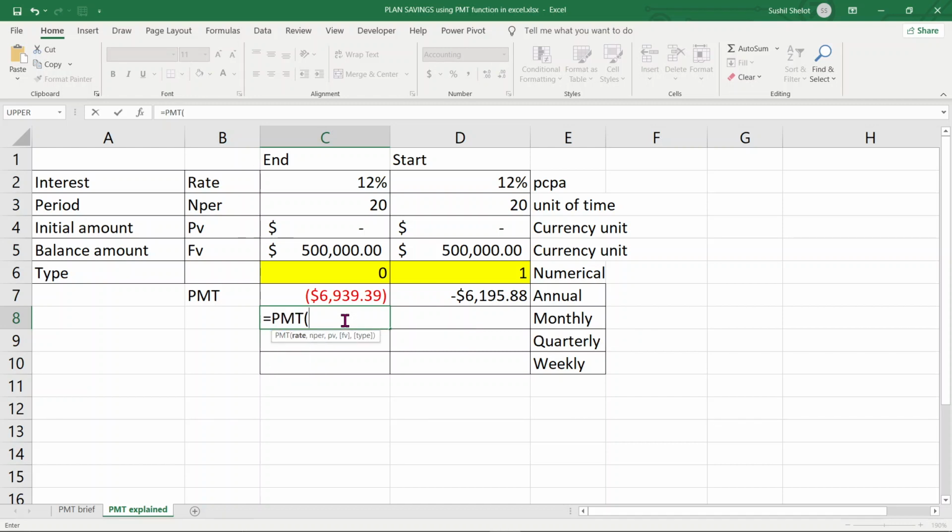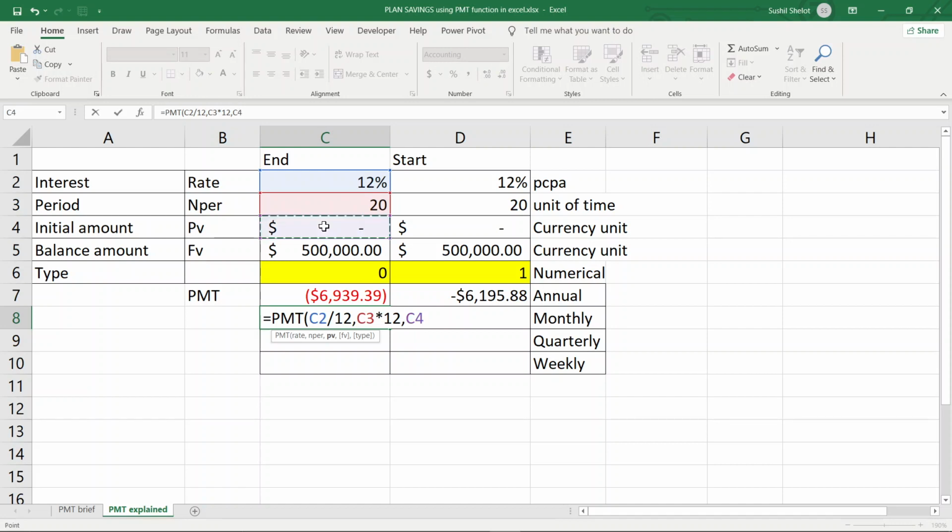So now since this is percent per annum, I will have to divide it by 12 to find out the monthly value equivalent to this interest. The next thing is the NPER, again 20 years, but we need it in months, so I'll multiply it by 12 so that I get the equivalent number of months for this calculation.